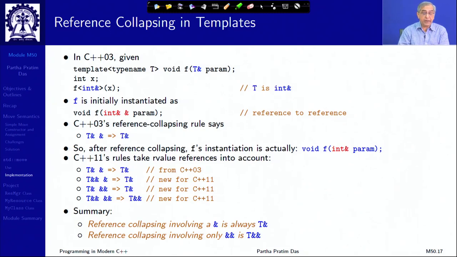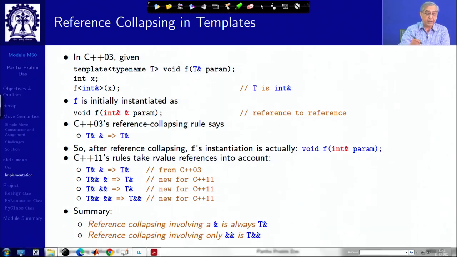So, in C++03 if you had a template like this, typename T and you have T ampersand, and then you are trying to pass a value x to this function f, then naturally x's type is int ampersand, because it is a variable, it is an L value.